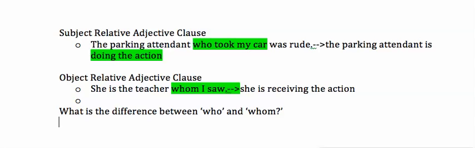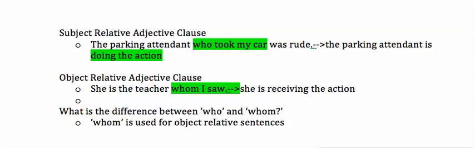Now, obviously, from what we can see from above, whom is only used for object relative sentences. So basically, receiving the action. If the main part of your sentence is receiving the action, then you can use whom, and it's a person. Okay. But now, another question though, is it okay to use who?